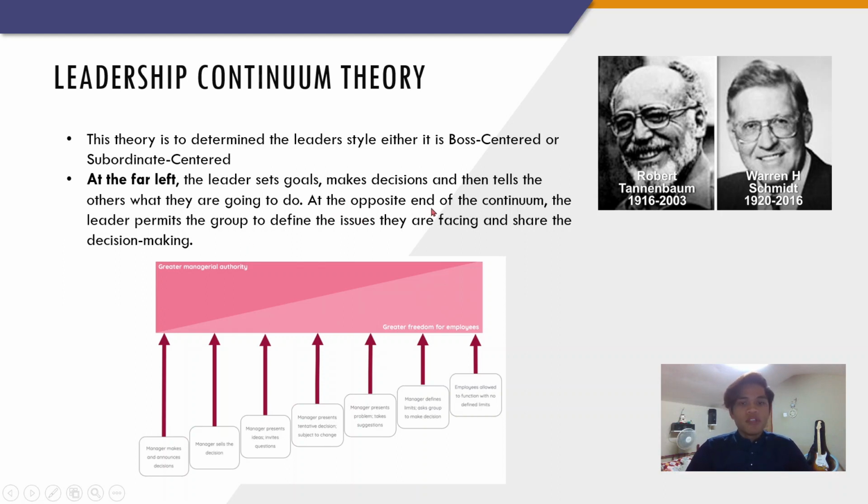At the opposite end of the continuum, the leader permits the group to define the issues they are facing and shares the decision making. So the far left is boss-centered, while the other end is subordinate-centered, where the employees or team members can participate in decision making.